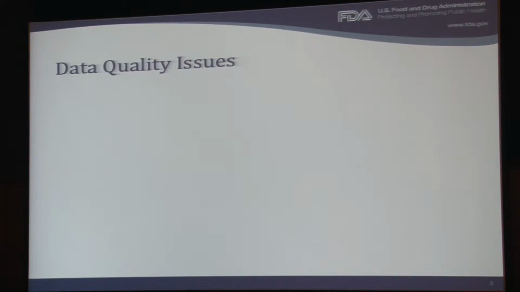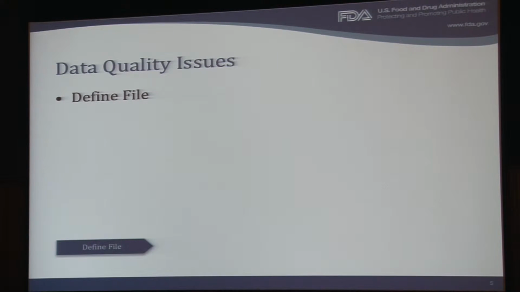So in terms of data quality issues that I'll be focusing on in my presentation, it's a wide range of issues, some of which we've been discussing in detail in the technical conformance guide, and also issues that we've noted after we've seen multiple applications in JumpStart. So these are issues that impact review.